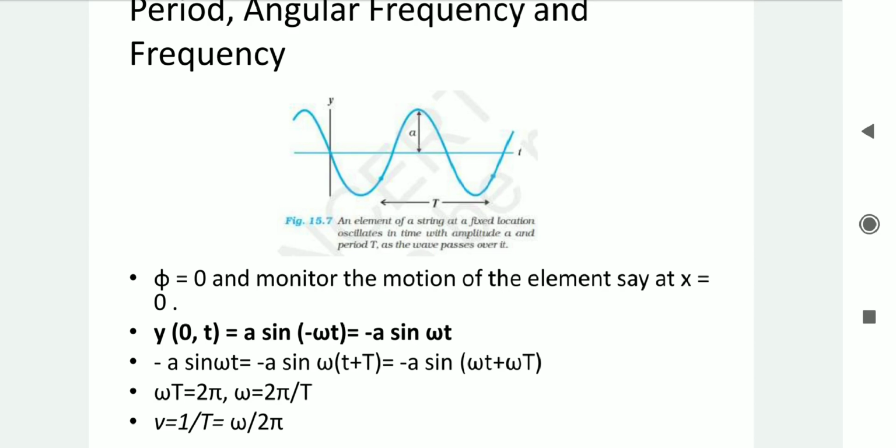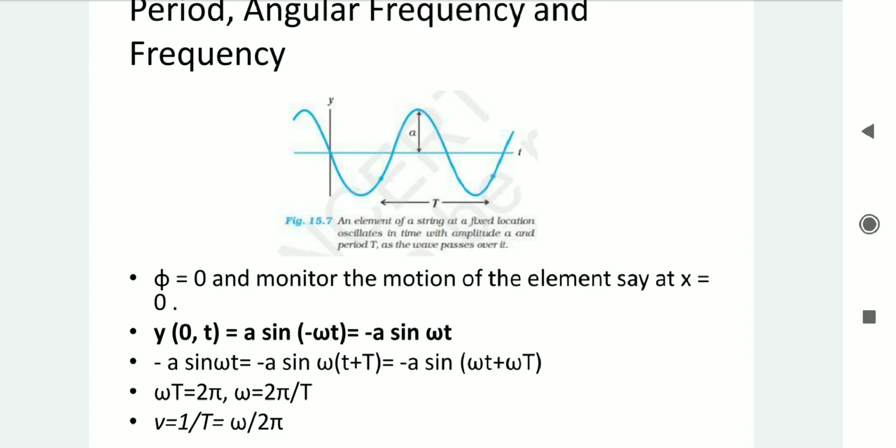Here again this particular sine function will repeat after time period T. So we can rewrite that function −a sin ωt equal to −a sin ω(t + T). Taking ω in the bracket, that can be defined as −a sin(ωt + ωT).